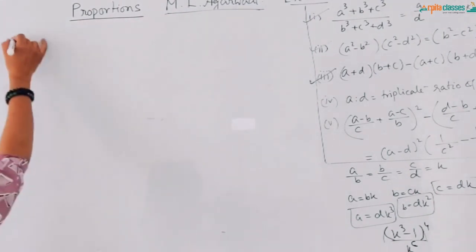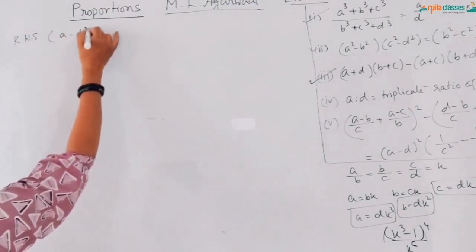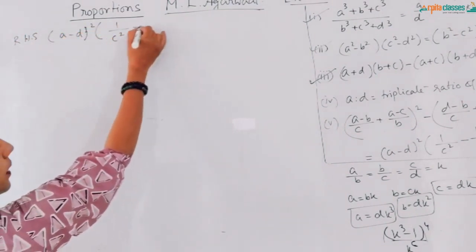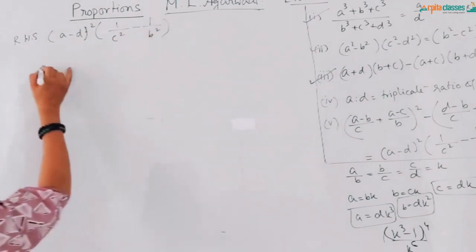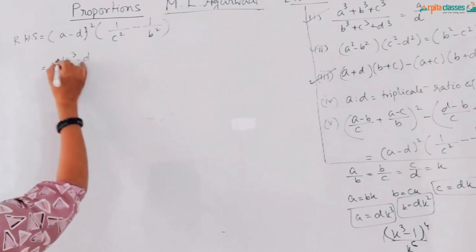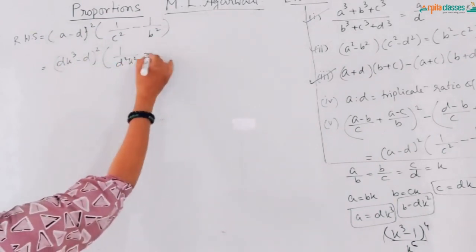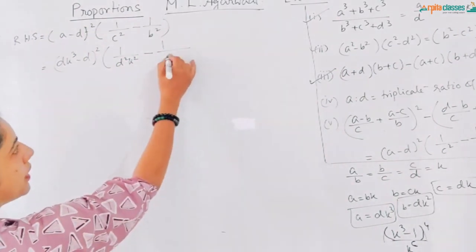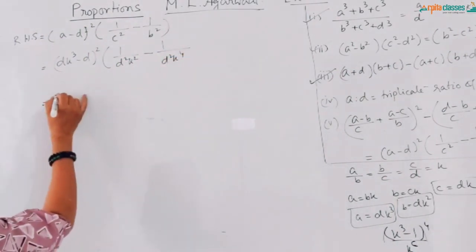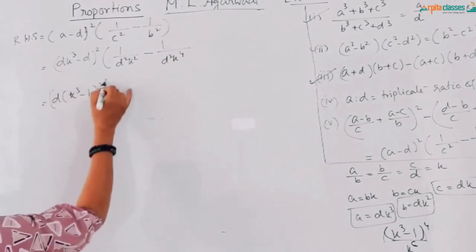So in the right hand side we have a minus d whole square whole into 1 upon c square minus 1 upon b square. So a is dk cube minus d whole square, 1 upon b square k square minus 1 upon b square k4. b common, k cube minus 1 this whole square.